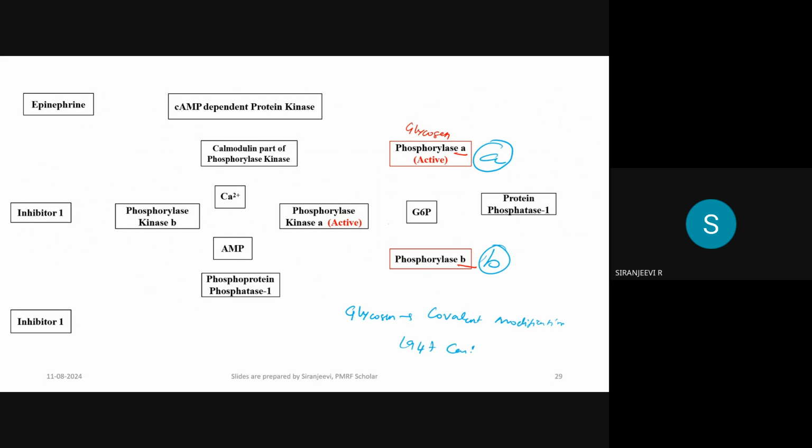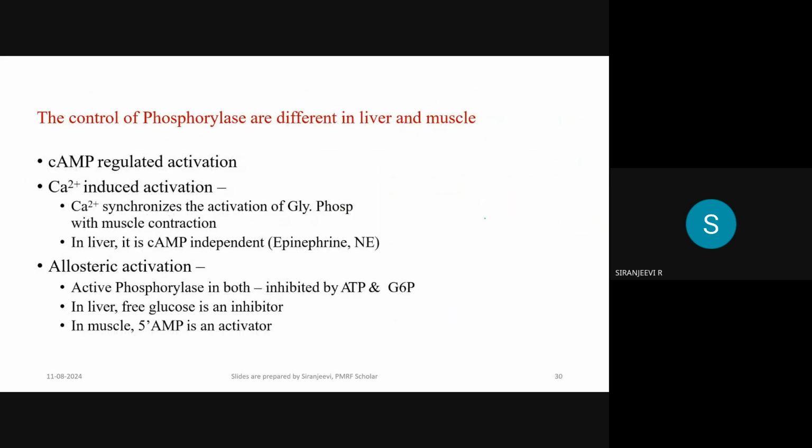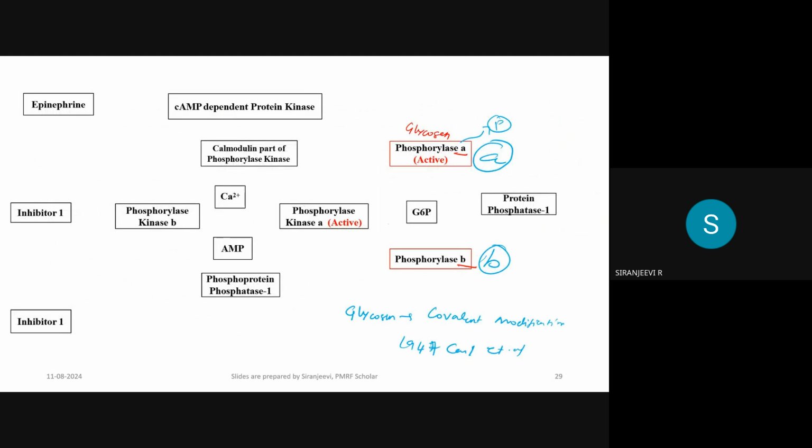I think Carl Cori and colleagues, their group got the Nobel Prize in 1947 for this identification. So what they identified is that the phosphorylase enzyme, whenever it is phosphorylated, is activated.